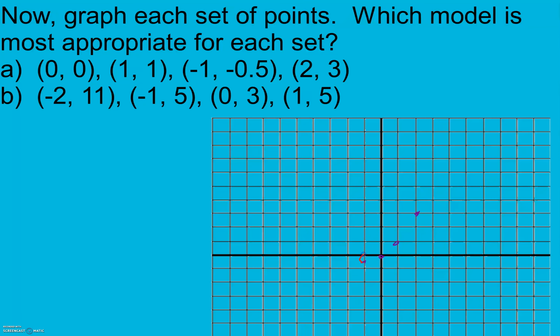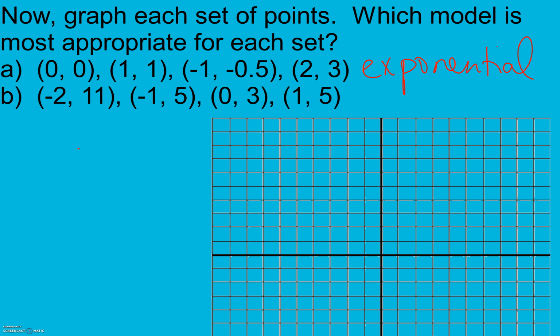Here, I go up by 1/2. Here I go up by 1. Here I go up by 2, which means my next point would probably be up by 4. This is exponential. I don't have both sides of my parabola, okay? And I have that common ratio. We're multiplying by the same amount every time. Exponential.